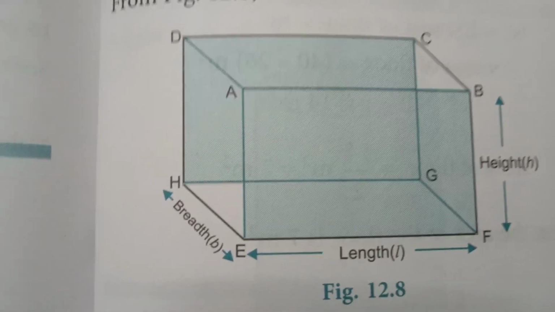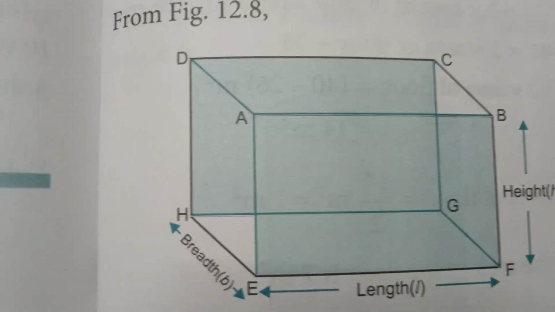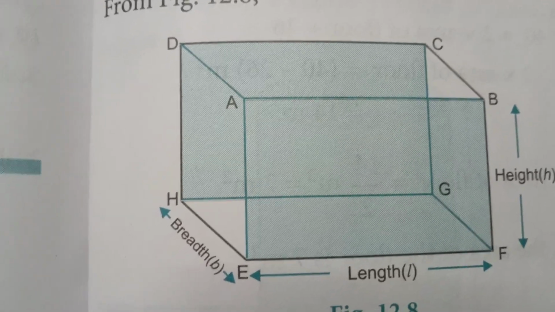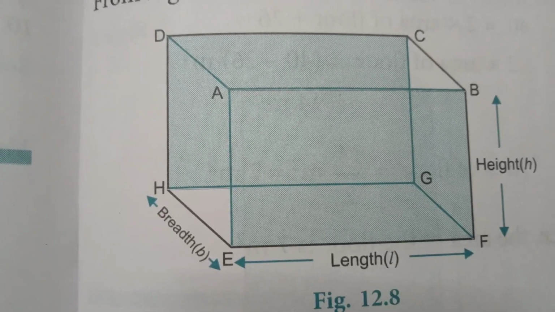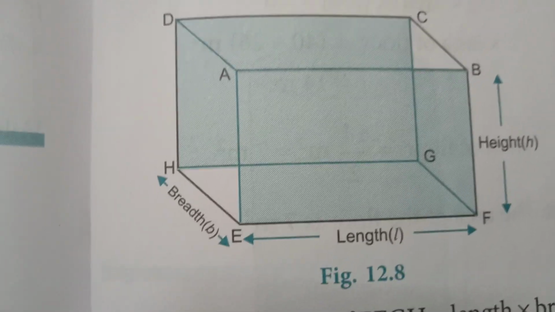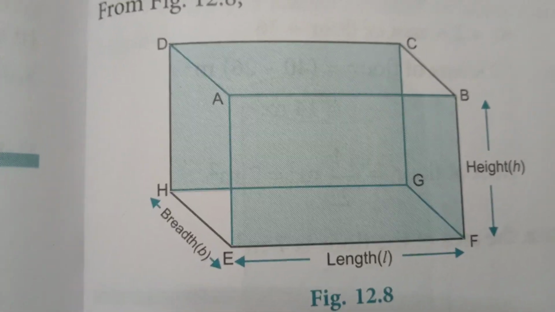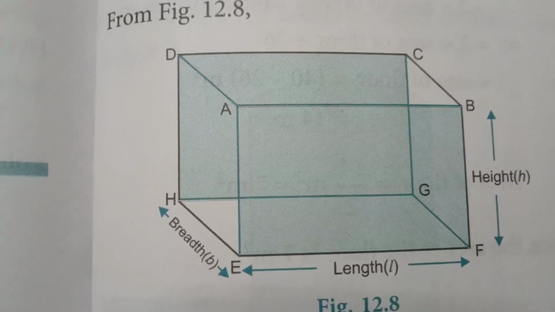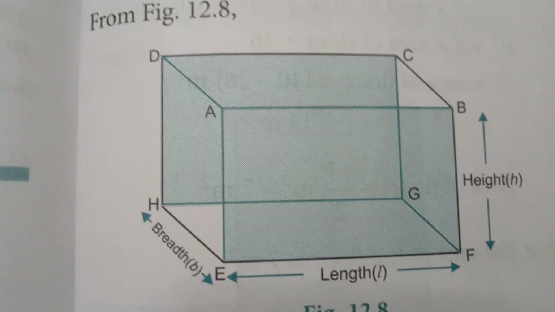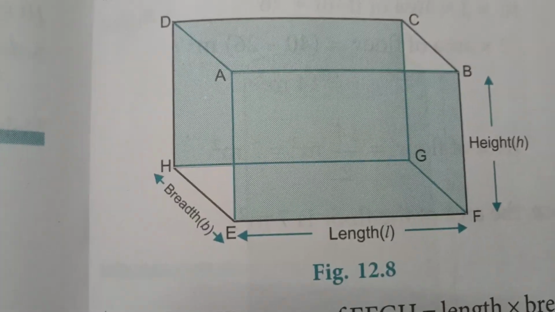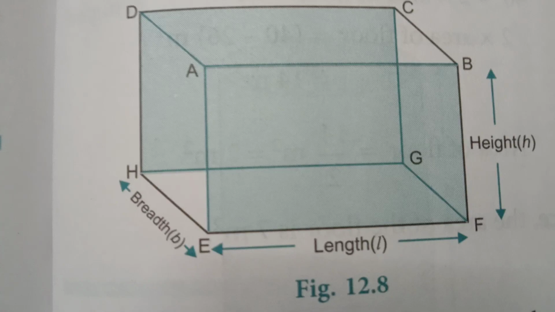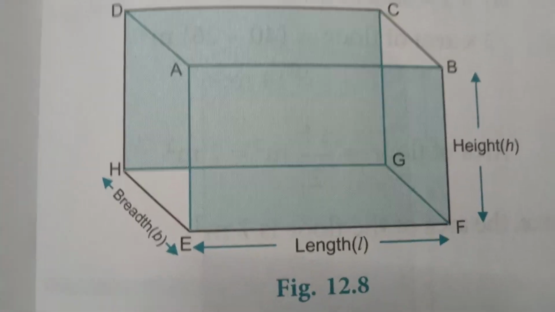See here, the six faces are A, B, C, D, then another one A, B, F, E, another one C, B, F, G, another one A, D, H, F, and last H, G, F, E. All these six rectangular areas together make the total surface area.